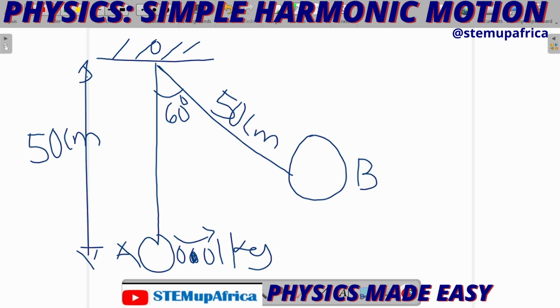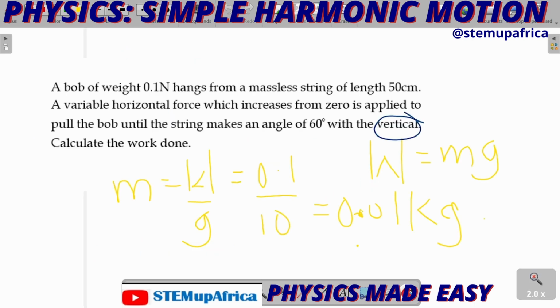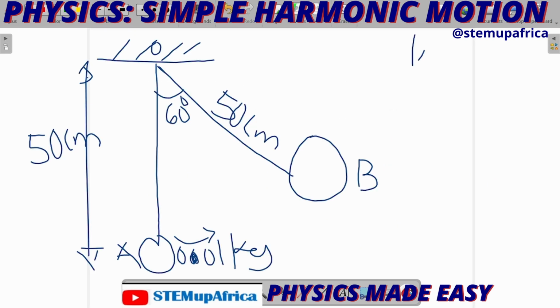So let's go back to the question. Now we're asked to calculate the work done. The work done, we do not know. So from here, by oscillating the ball from point A to point B, there's a height at this point. The height will fall under this region.